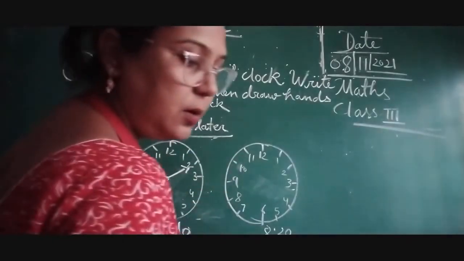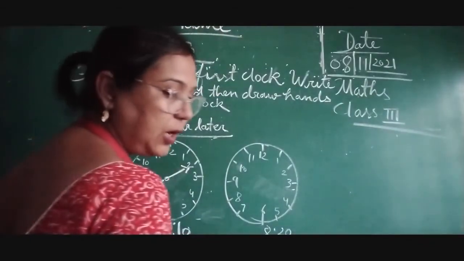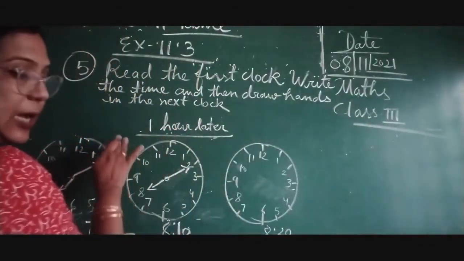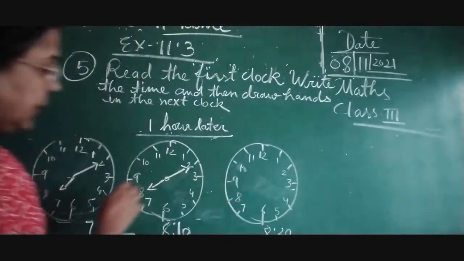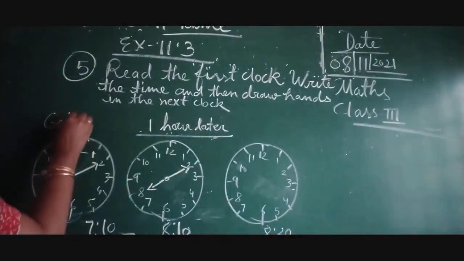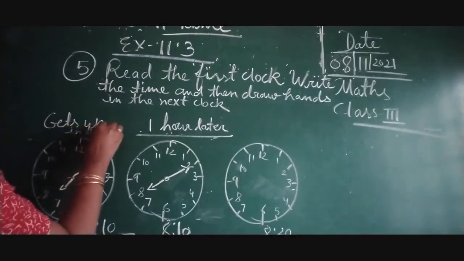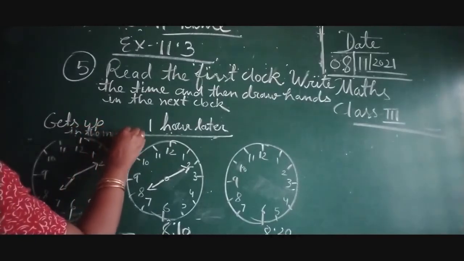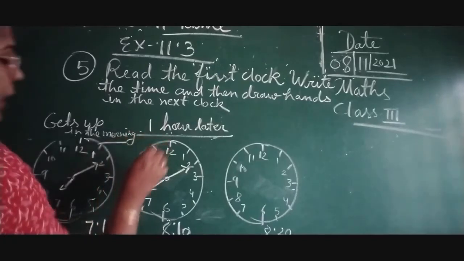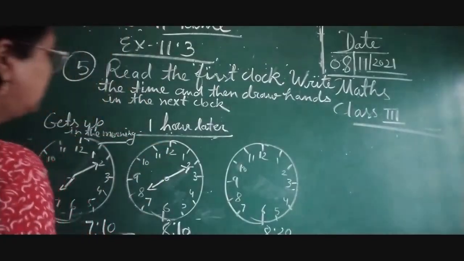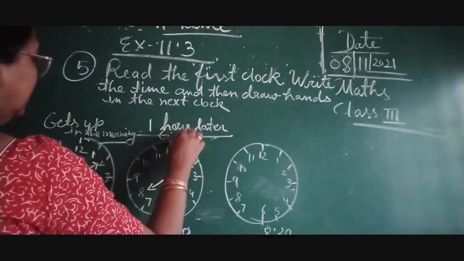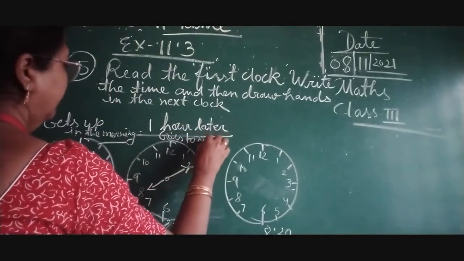Now here children, comes back home, 3 hours later. So here the time is already given. Gets up in the morning. This is your time to get up in the morning. Now 1 hour later goes to school. Goes to school.